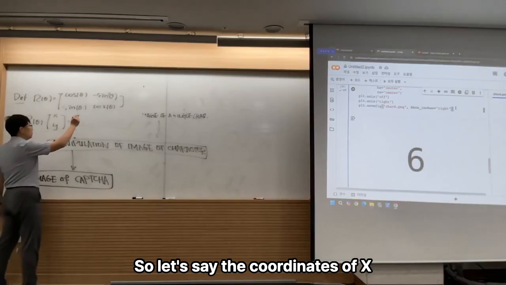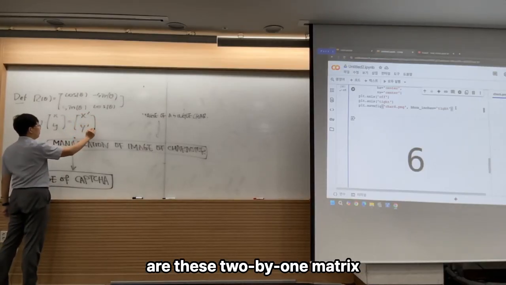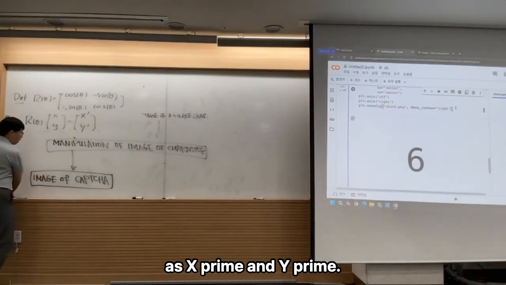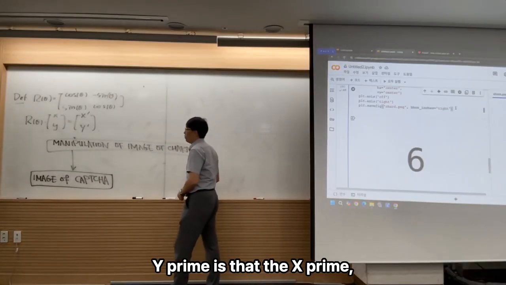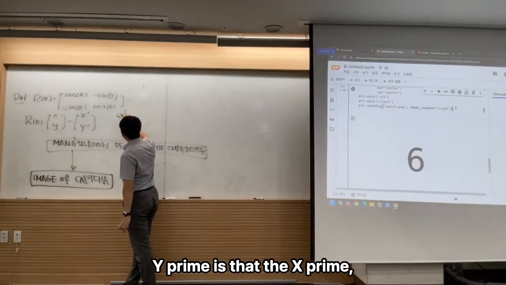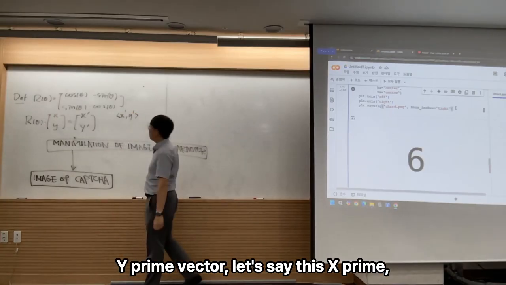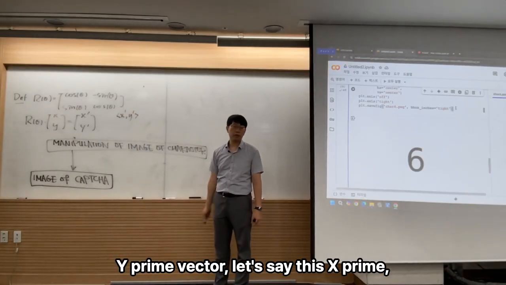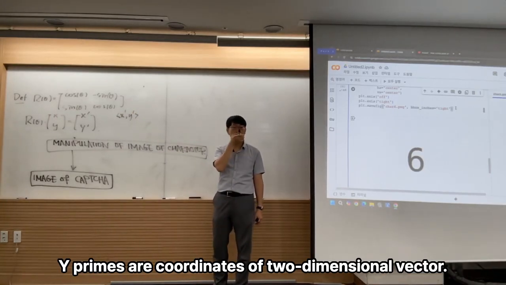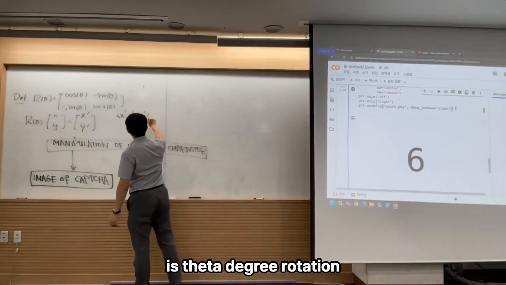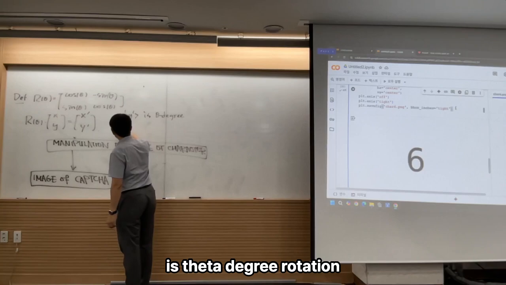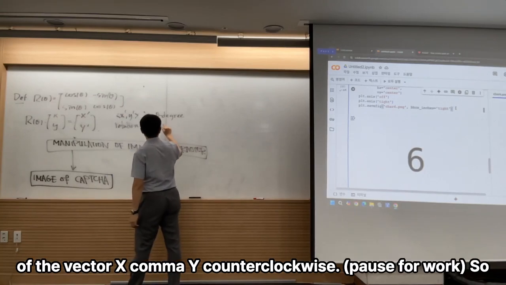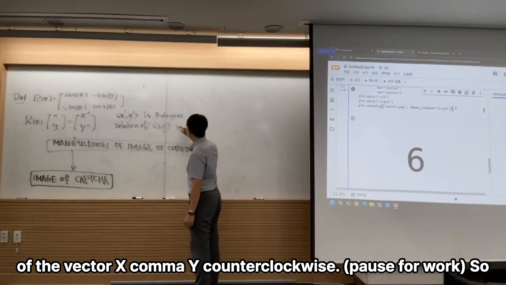Let's say the coordinates of this 2 by 1 matrix are x prime and y prime. The relationship between x y and x prime y prime is that the x prime y prime vector, these being the coordinates of a two-dimensional vector, is a theta degree rotation of the vector x comma y counterclockwise.